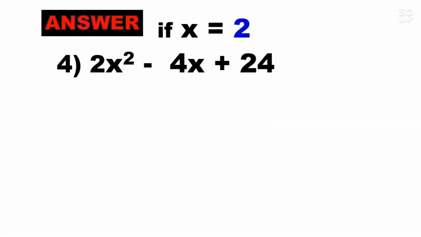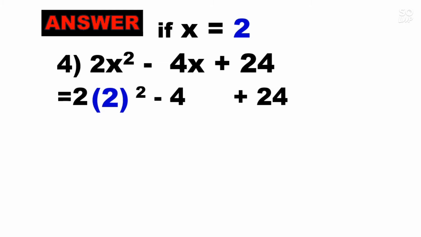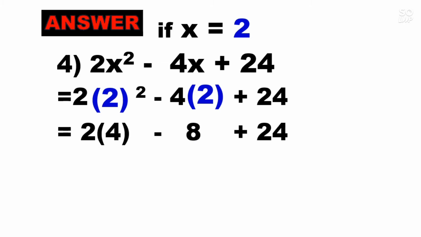Okay, next, let's have number 4. 2x squared minus 4x plus 24. Again, same step, replace x by 2. Okay, then now we have 2 times 2 squared minus 4 times 2 plus 24. And then we simplify. 2 squared is equal to 4.